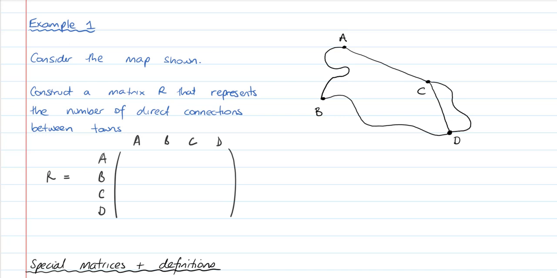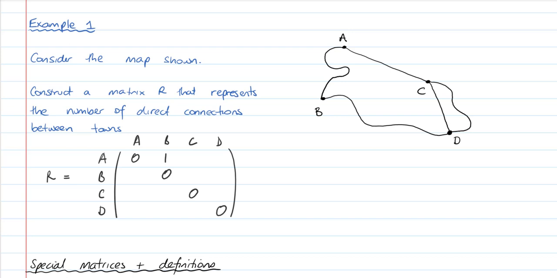A doesn't connect to A at all. B doesn't connect to B, C doesn't connect to C, and D doesn't connect to D. For that to happen, there would have to be this weird sort of loop like that, and we have none of those. A does connect to B, and this is going to be a nice reflective matrix.